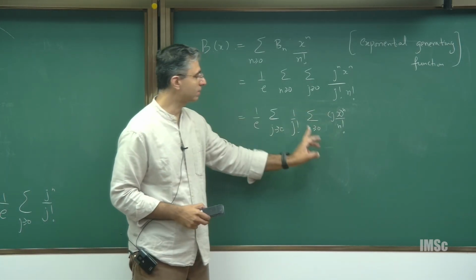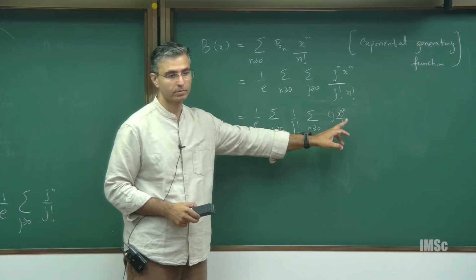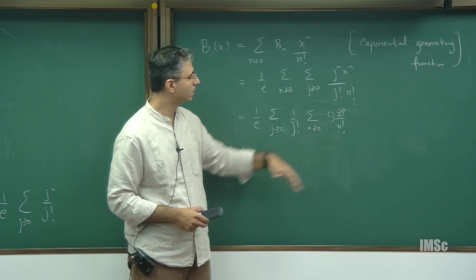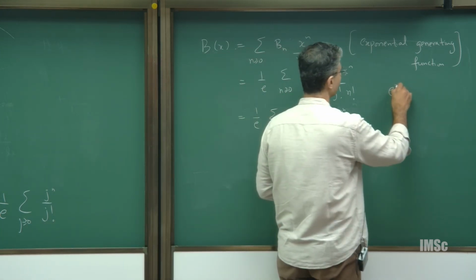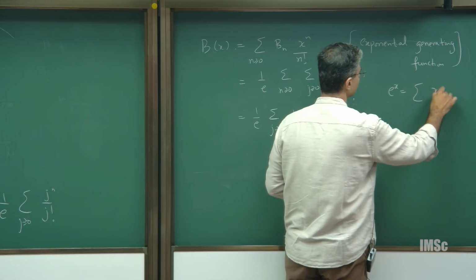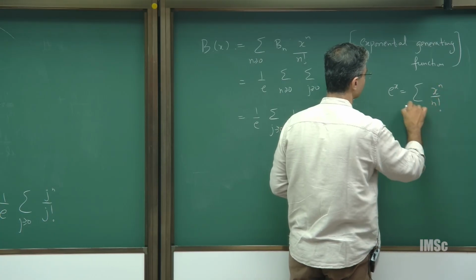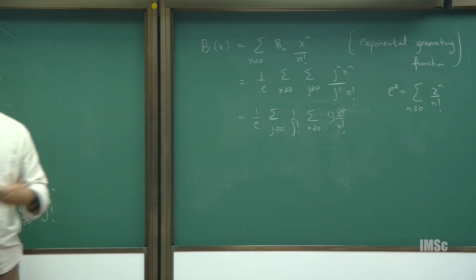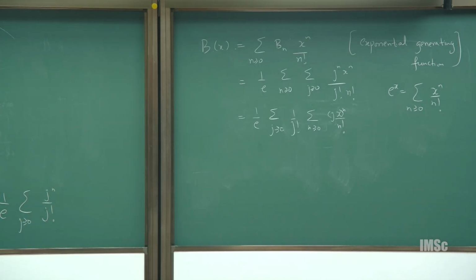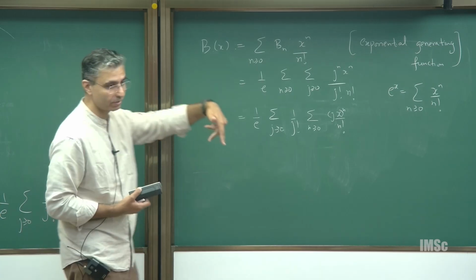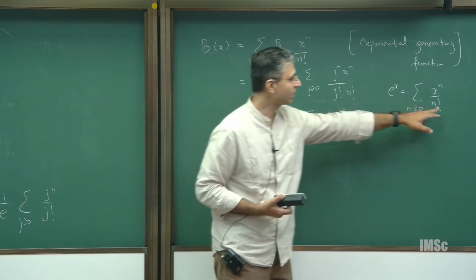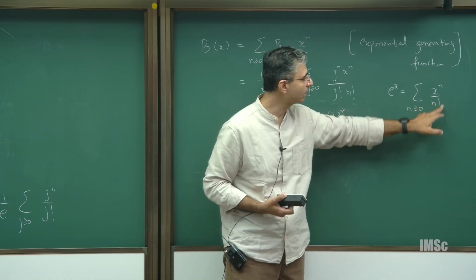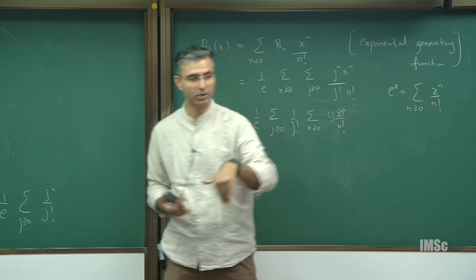Right, what is this series? Okay, so what do we have to remember? E to power x is the sum of x raised to n by n factorial, right. E to power x is the ordinary generating function for the sequence 1 upon n factorial. That is another way to look at it, right.